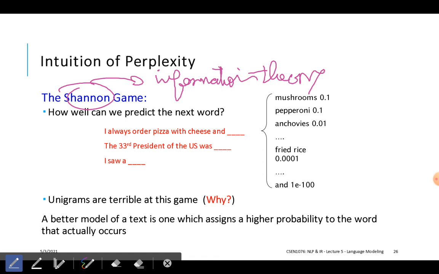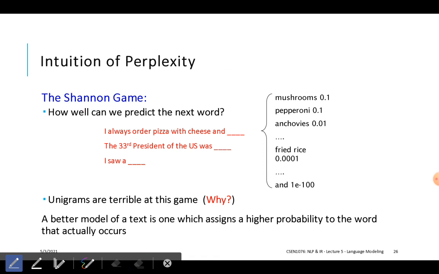So what is the Shannon game then? It's basically this. Try to take a look at these sentences. I always order pizza with cheese and then you will have a collection of words that you are almost always going to use with varying probabilities, but they can be slightly different, not widely different. So you know what toppings you can use with pizza.